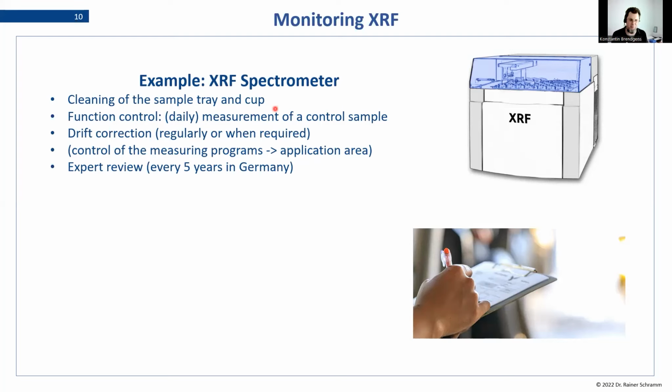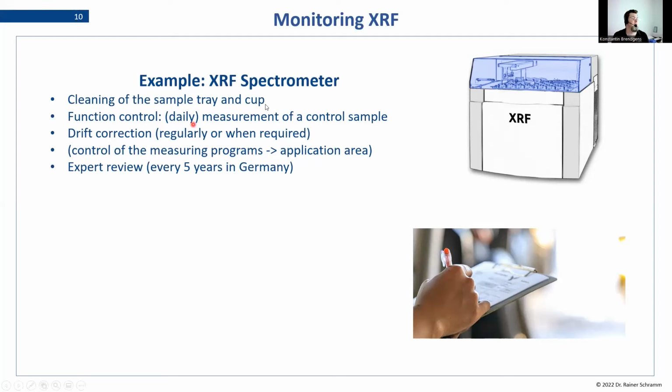And of course, there will be some dust, and over the time, this will accumulate, and it will always be in there. So it will always be part of the measurement. So you want to make sure that, you know, you clean it when it happens, actually. If you take a sample back from the tray and you see a bit of dust, just wipe it away or use a little vacuum cleaner.